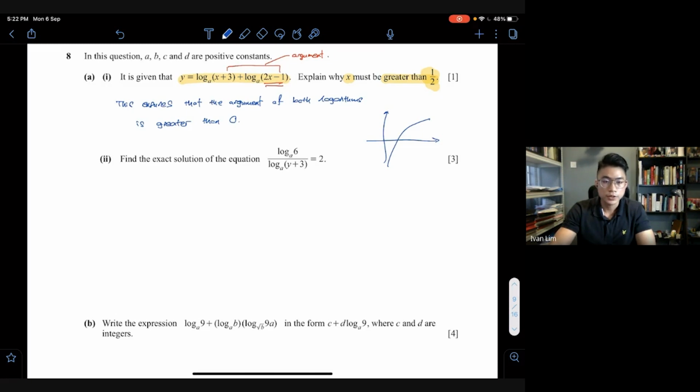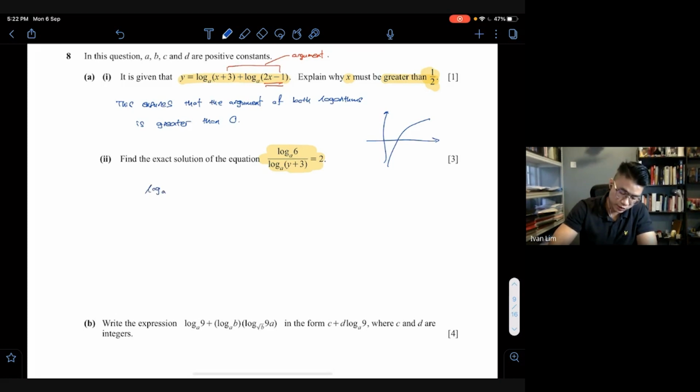Okay, next one. Find the exact solution of the equation log A of 6 divided by log A of y plus 3 equals 2. 3-mark question. Probably multiple ways to do it. I'll just show you the easy way that I can see here.